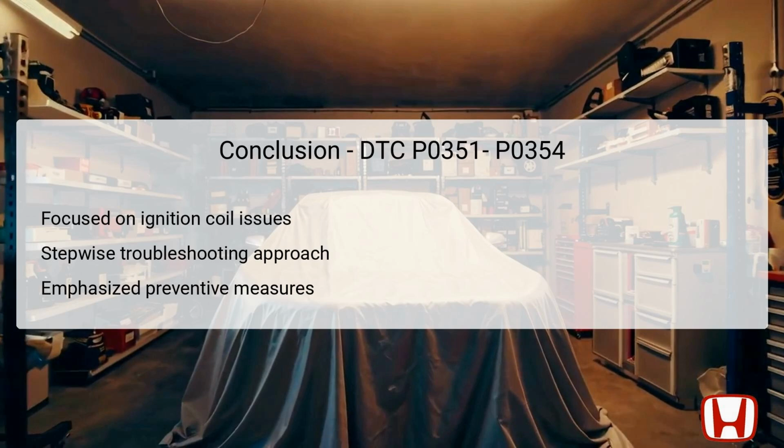From verifying DTCs and inspecting ignition components to complex continuity tests, each step offers fundamental insights for mechanics handling these issues. Preventive maintenance strategies can help prolong the life of ignition systems by identifying potential failures before they lead to larger problems. Overall, understanding these trouble codes and their implications is vital for maintaining optimal vehicle performance.